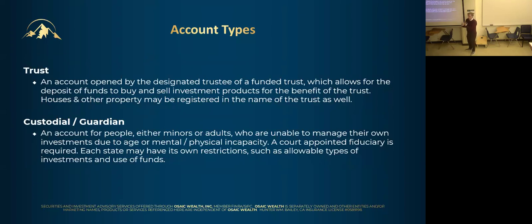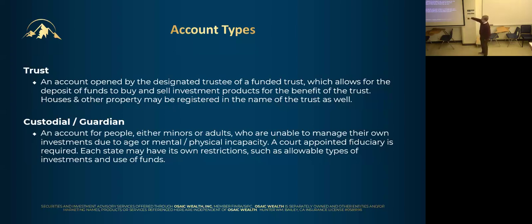So if somebody's actually unable to manage their accounts, you can also have a custodial or guardian account where a court-appointed fiduciary is required. For the minors, they'll usually pick the parents, just because it's pretty easy. They think it's pretty reasonable that person's going to have the best interest of the child at heart. But if we're talking about an of-age person who has an incapacity, that might be somebody else.